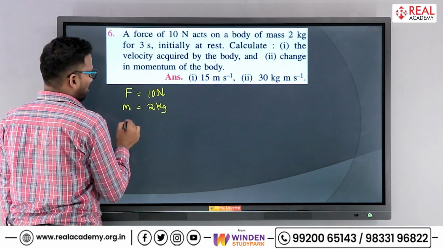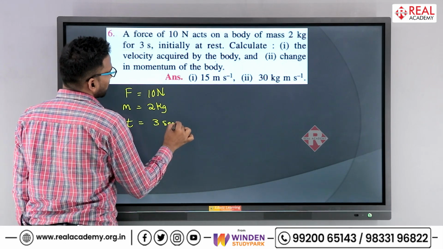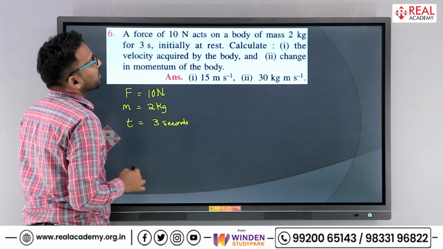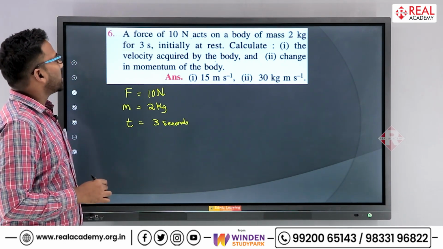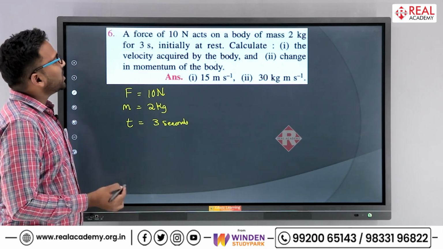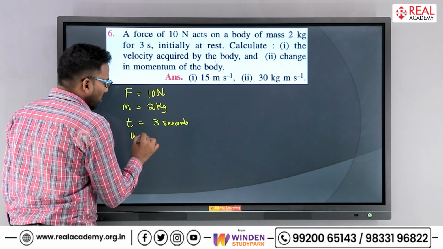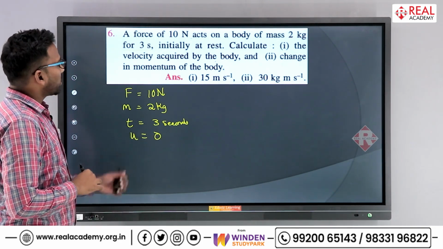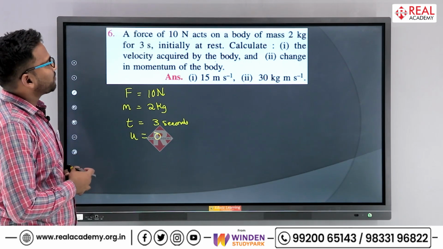Even the time is also mentioned over here. T is 3 seconds. Initially at rest means U is equal to 0. Okay. So this is the data we have extracted from the given question.